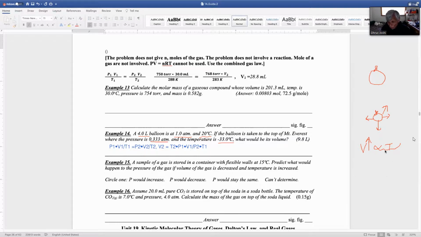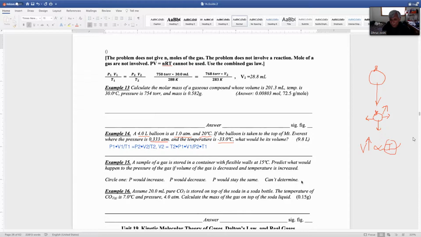Now, we don't know how much bigger it's going to get and how much smaller it's going to get. If we had numbers, we could calculate, but there are no numbers given. So in one part, the volume is decreasing by increasing the pressure, and in the other part, the volume is increased by increasing the temperature. So these two are going to fight it out, and which one is going to win, we don't know because we don't have the exact numbers.